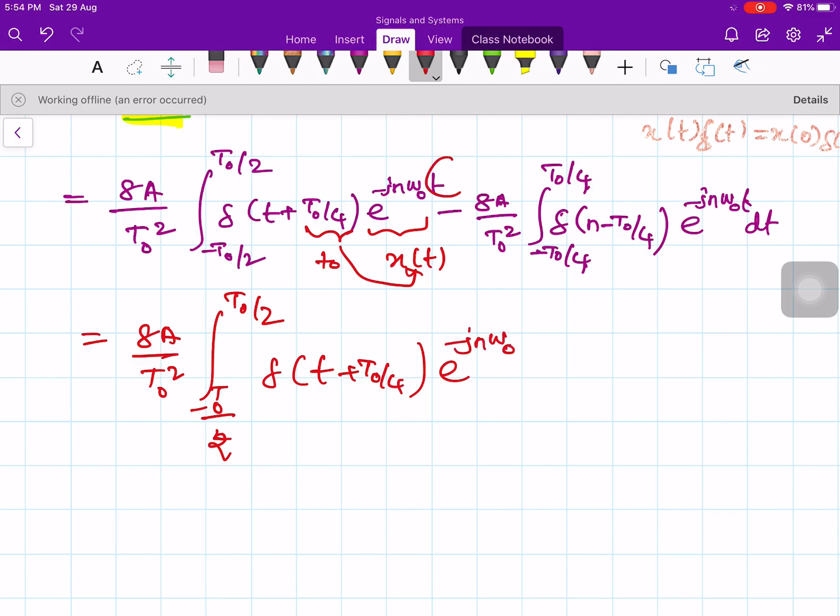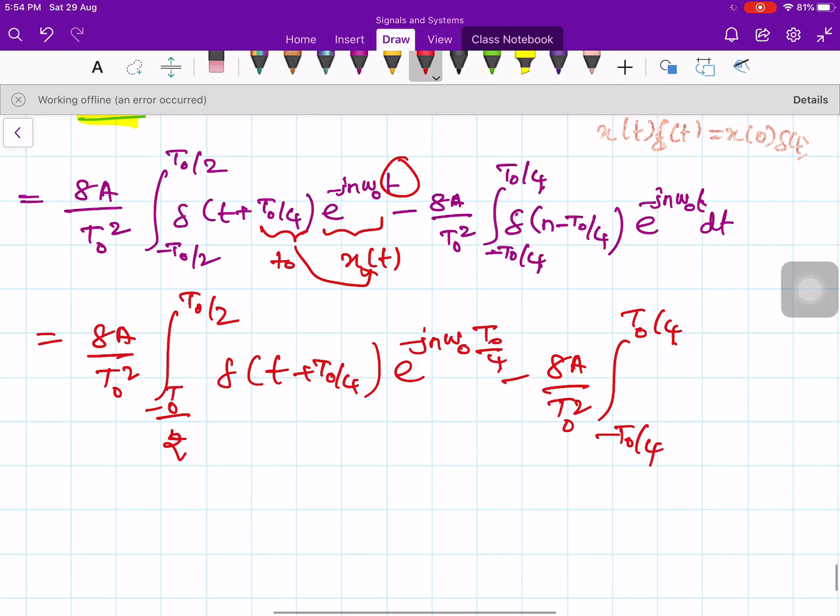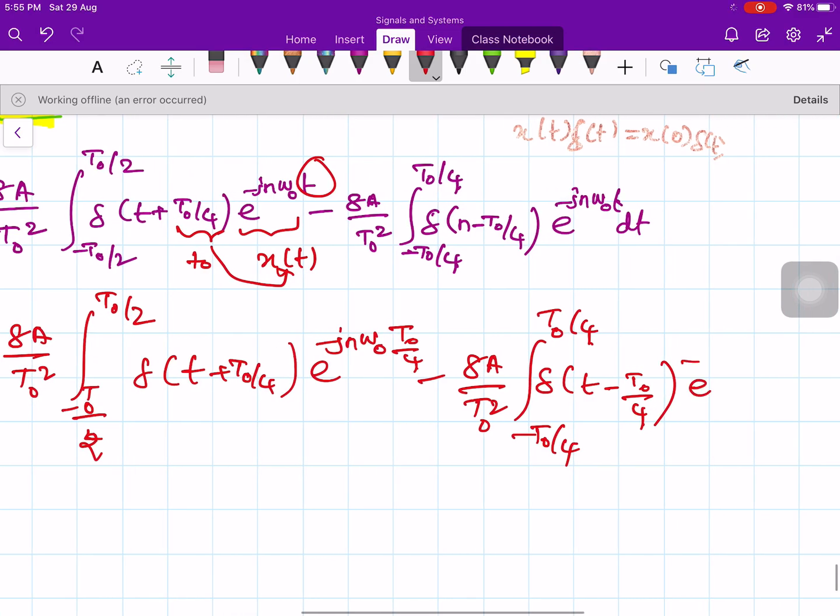Instead of this, t becomes t naught by 4, minus 8a over t naught square integral of minus t naught over 4 to t naught over 4, then delta of t minus t naught by 4, then e to the minus j n omega naught, minus t naught by 4. This minus also comes here times dt.